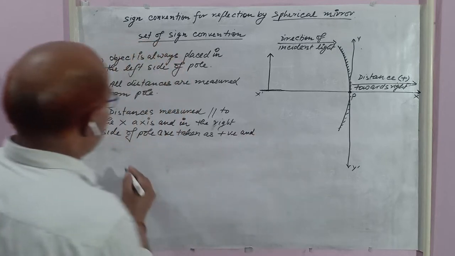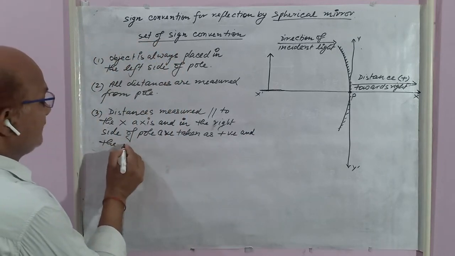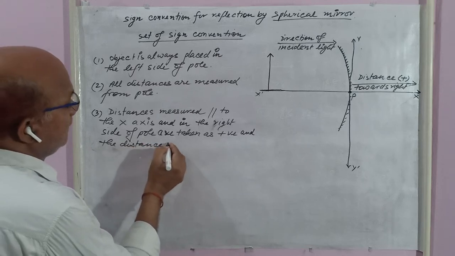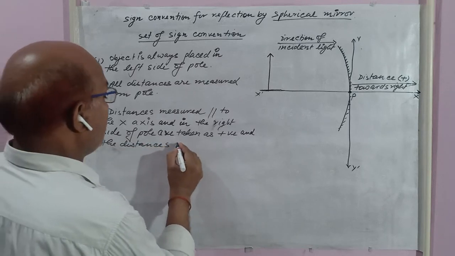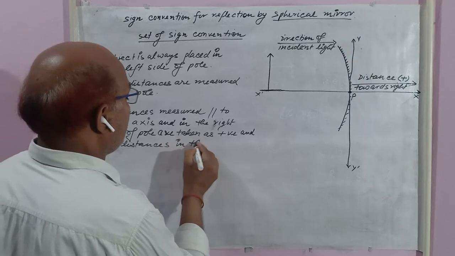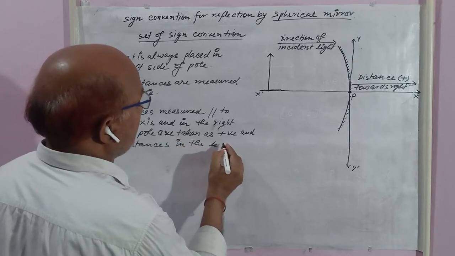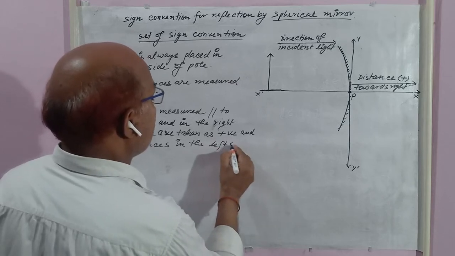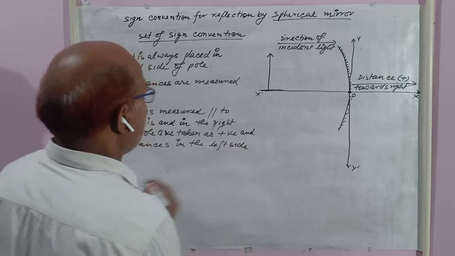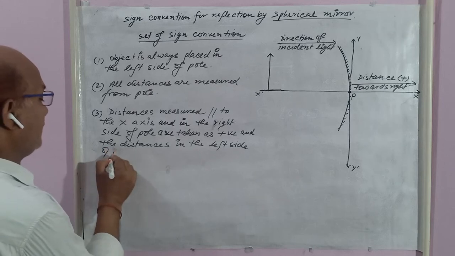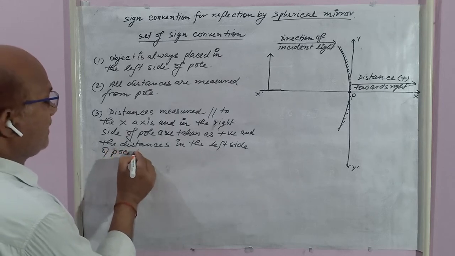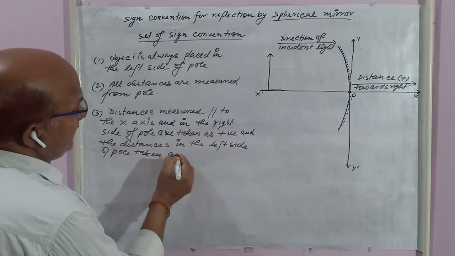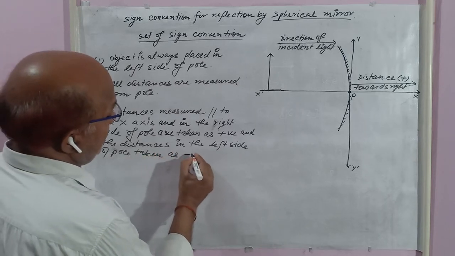The distances in the left side of the pole are taken as negative.